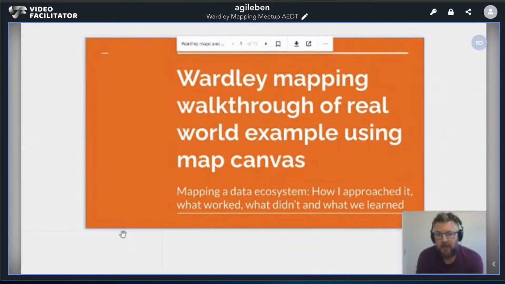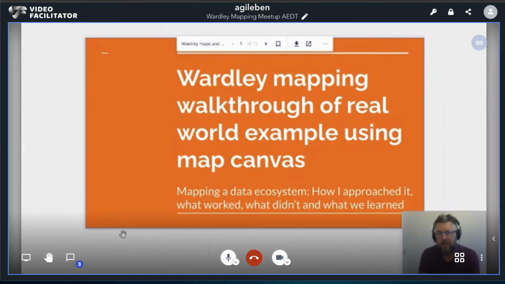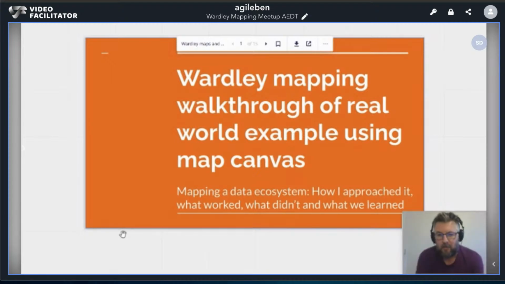So today, as Ben mentioned, I'm going to be sharing a real use case where we applied Wardley mapping. I'm going to be sharing the approach that we took, what worked, what didn't, and what we learned along the way.